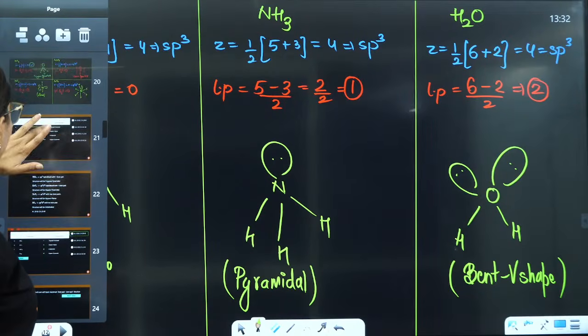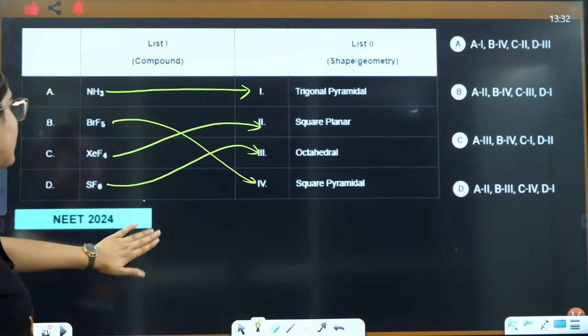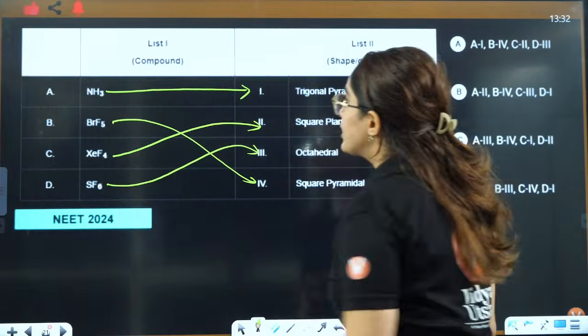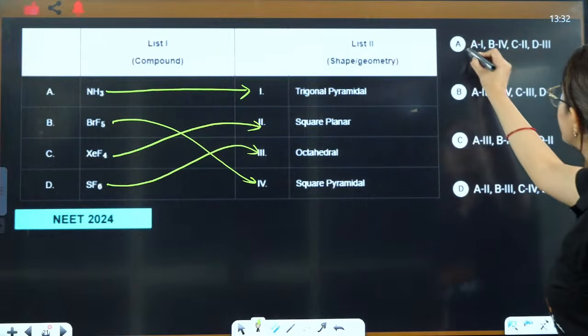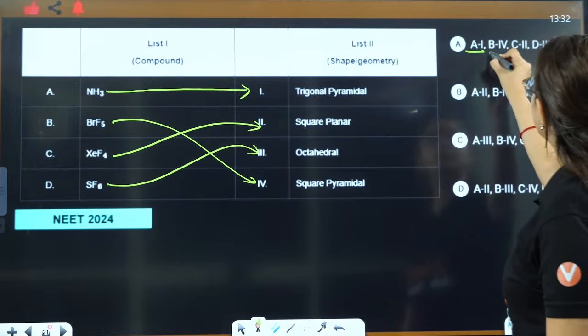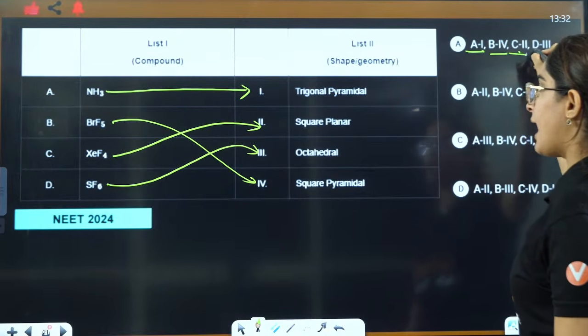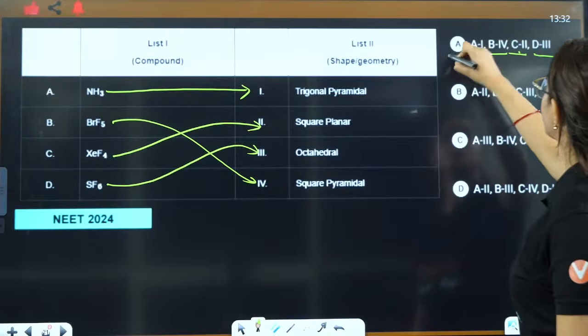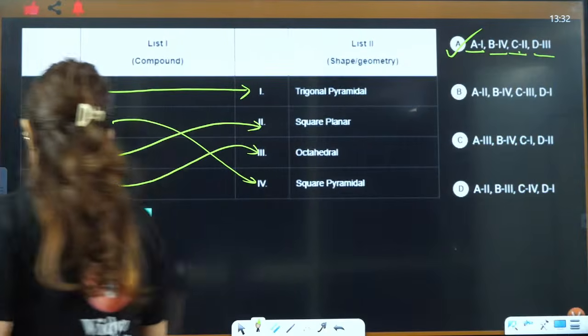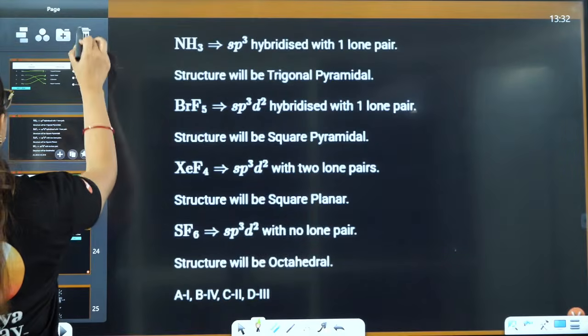That's why I told you that these are being directly repeated in your exam. So here A is 1, B is 4, C is 2 and D is 3. So A is the correct answer here.